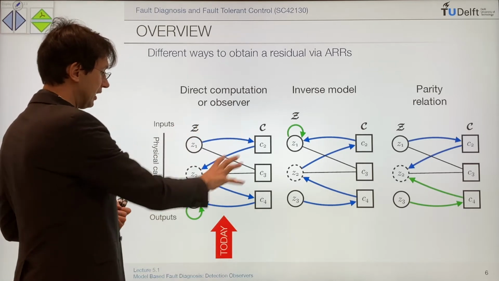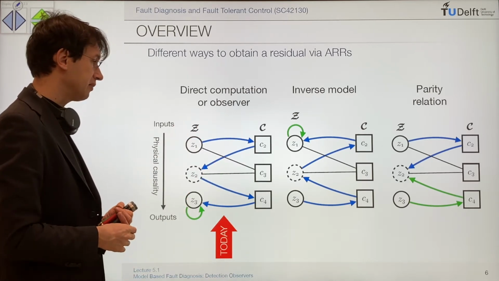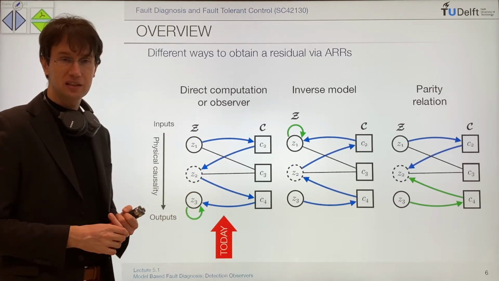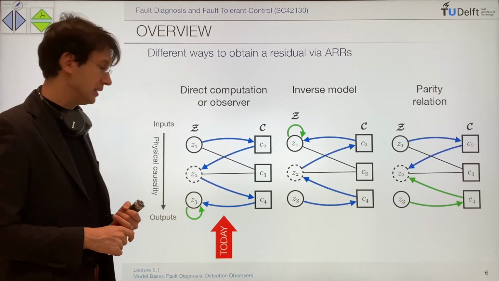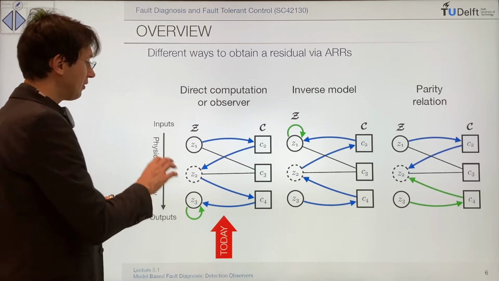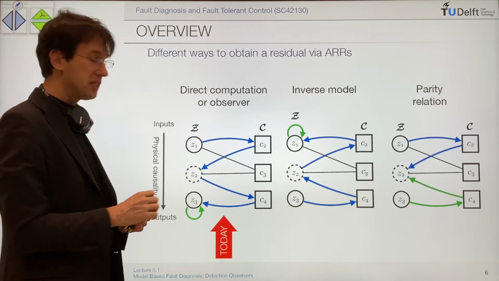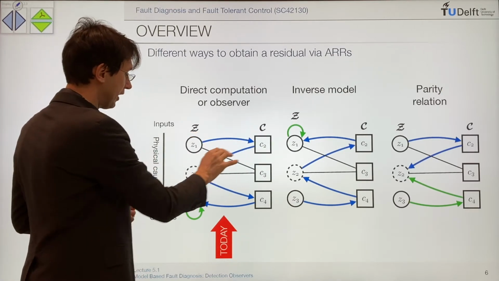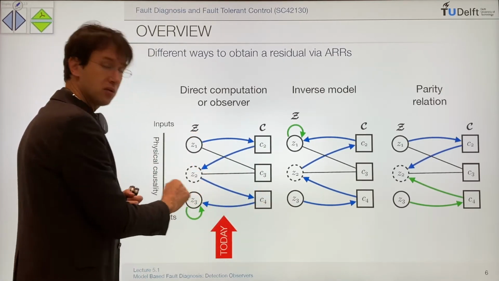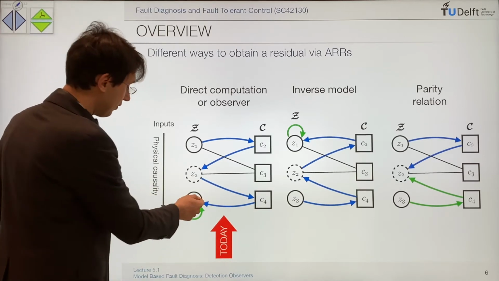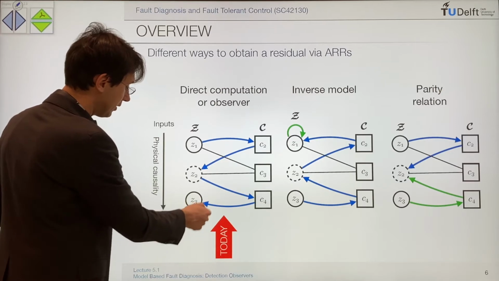Now we have different paths shown here, but still let us assume that Z3 is some measurement of the output of the system. So we have one way that is direct. We start from the inputs of the system, we propagate forward the model, we get to a measurement, so this is the blue path, and then I compare that with the measurement that I have.